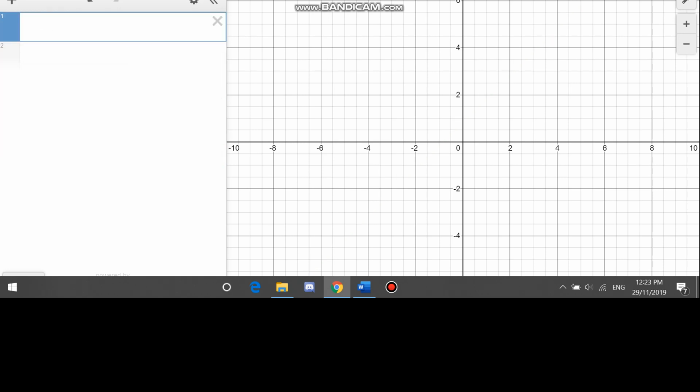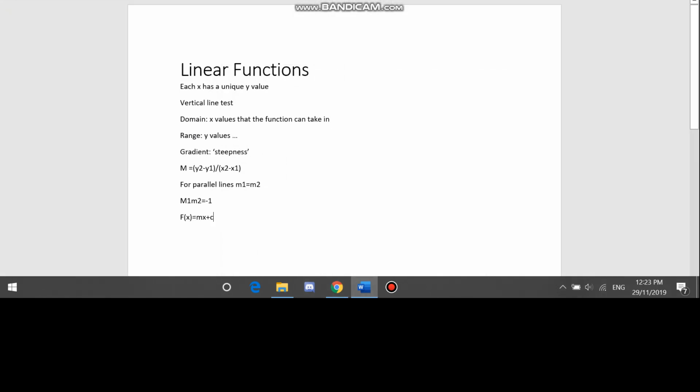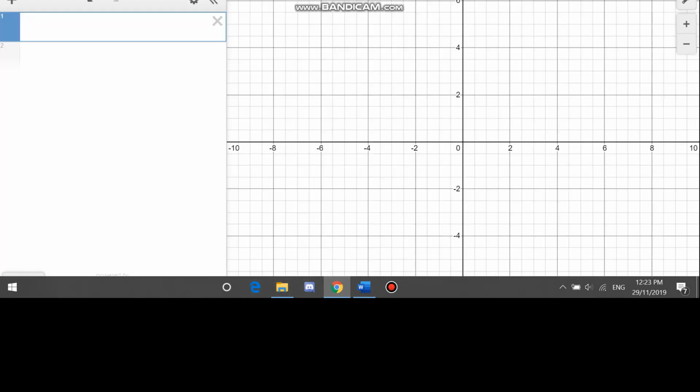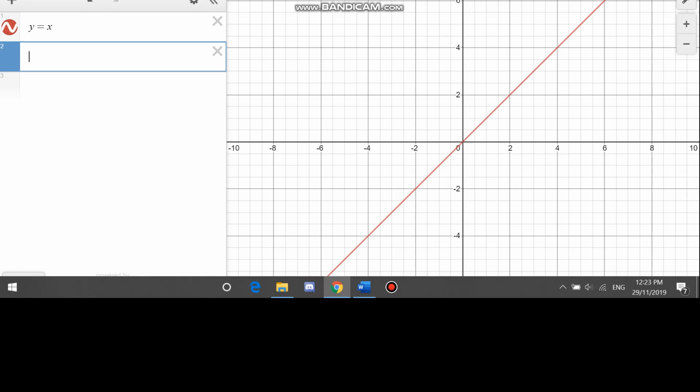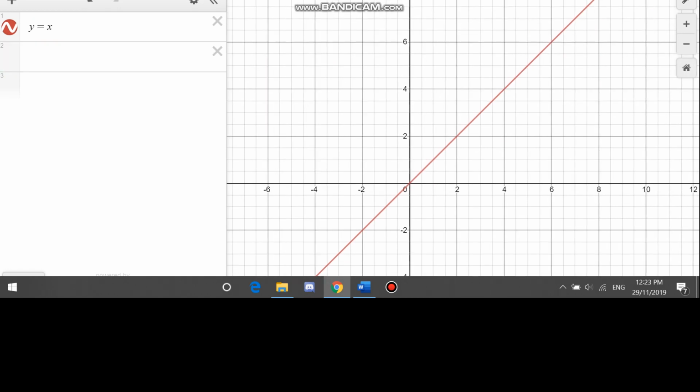In the simplest form, the basic function is f of x equals x. So y equals x. Okay, so this is the sort of steepness I was referring to. So if you take 2 points, let's say 2, 2 and 4, 4, you would get a gradient of 1, which is satisfied, just shown here.